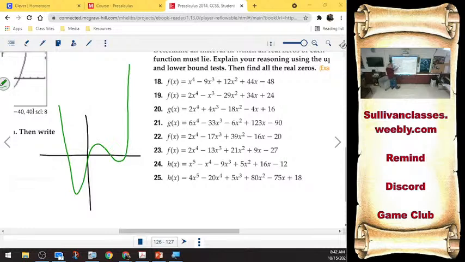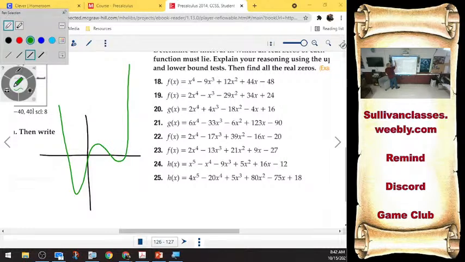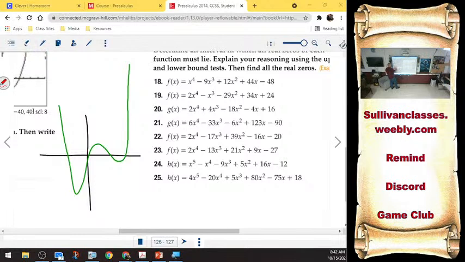This is what it's supposed to look like, but because you just flat out missed that 2, it was actually supposed to look like this. Your graph is twice as tall as it should have been.